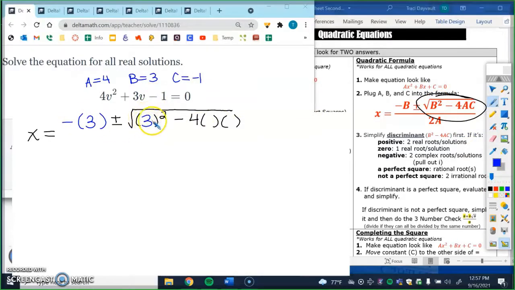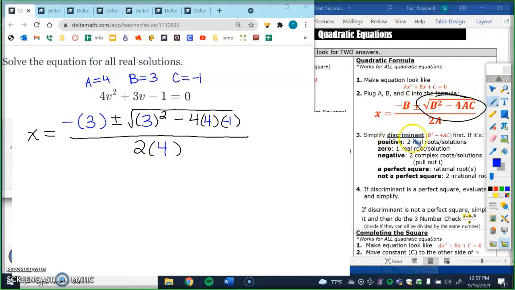That would be 3 squared minus 4ac. 4a was 4 and c was negative 1. And then we're going to divide that by 2a. So what am I going to have on the bottom? 2 times 4. That's all you have to do. Then you just got to figure out what that equals.